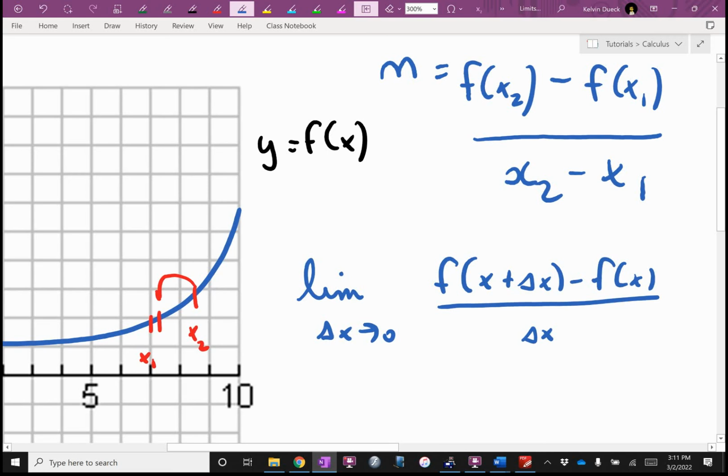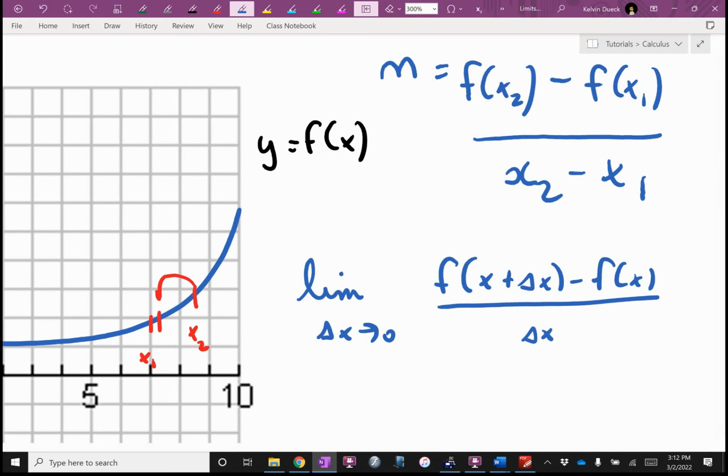But this is saying, start out with your x value, go a tiny bit past it. How tiny? So tiny that that's 0, but not. Find that height. There's your y2. Find the height of your original point. There's your y1, divided by x2 minus x1. Well, if I go x plus delta x minus x, the x's cancel, I get that. Take the limit as that approaches 0, and now you're finding the slope of a curve.